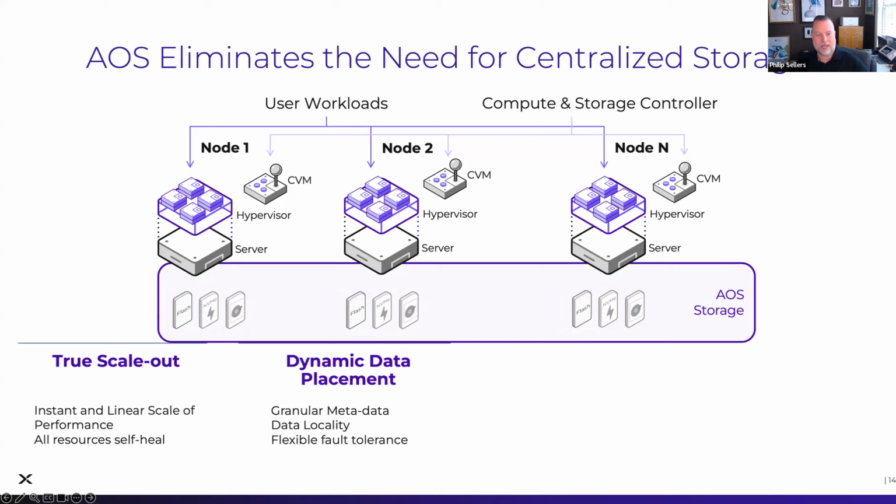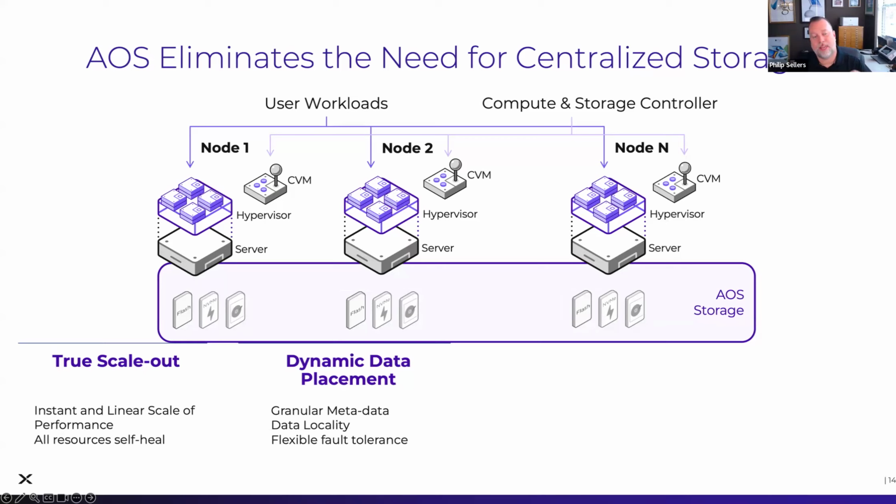You get dynamic data placement. So within the software, you're given control of how you place this data. Do you need 2 copies of the data for every block? Do you need 3 copies of the data? Do you need compression and deduplication? I'm giving away all of these different capabilities we'll talk more in depth about, but you get to set all of those settings on a per VM basis.